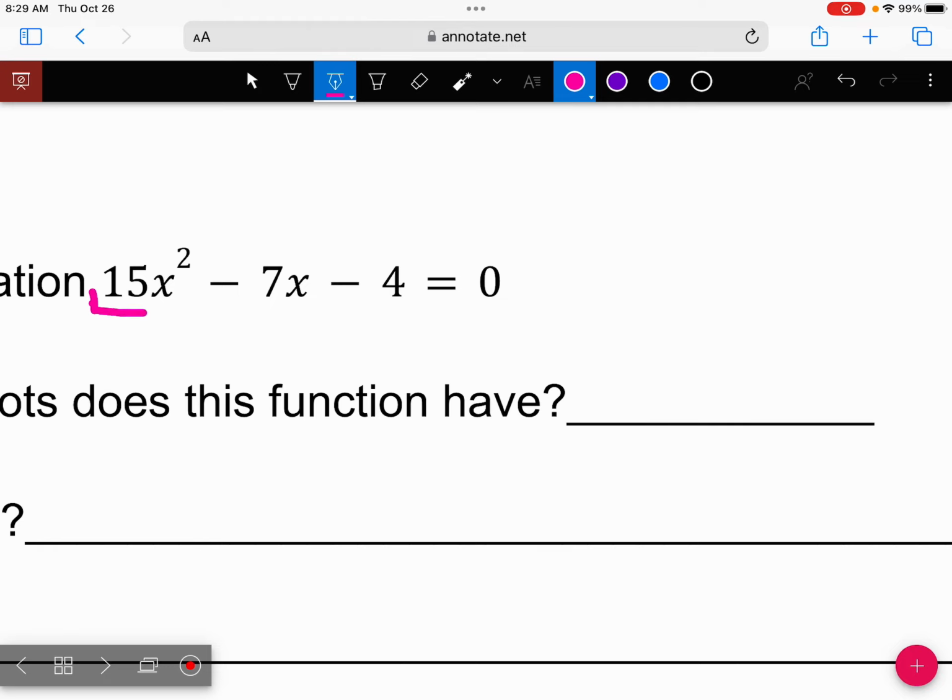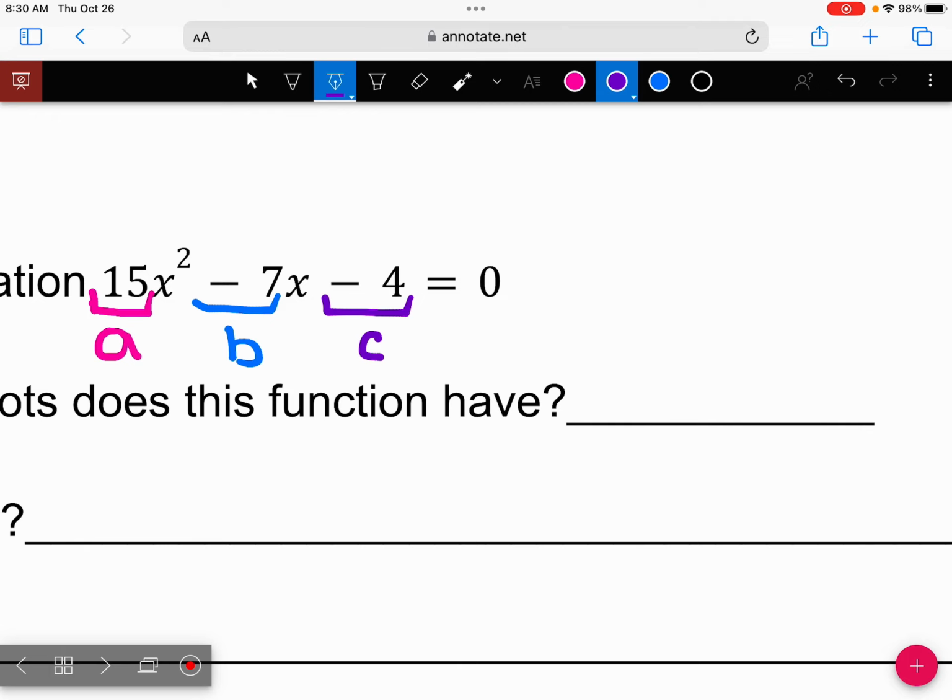So in this one, just like we did last time, we're going to identify our A, our B, and our C. You could factor this. If we have a trinomial and we're factoring, that's when we're going to use the box. You could.